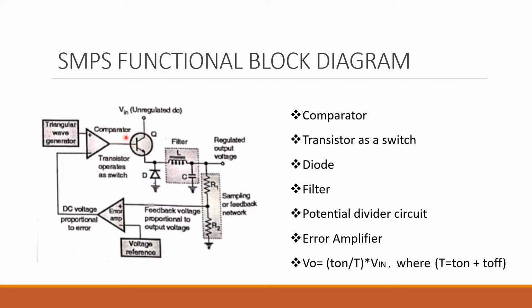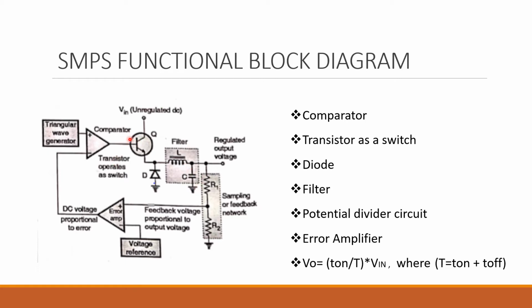This transistor is same, it is acting as switch. Collector of that transistor is connected to unregulated DC. Emitter is connected to the filter section. So when transistor is on, simply it is connecting this unregulated DC to filter section as we have seen in previous section.